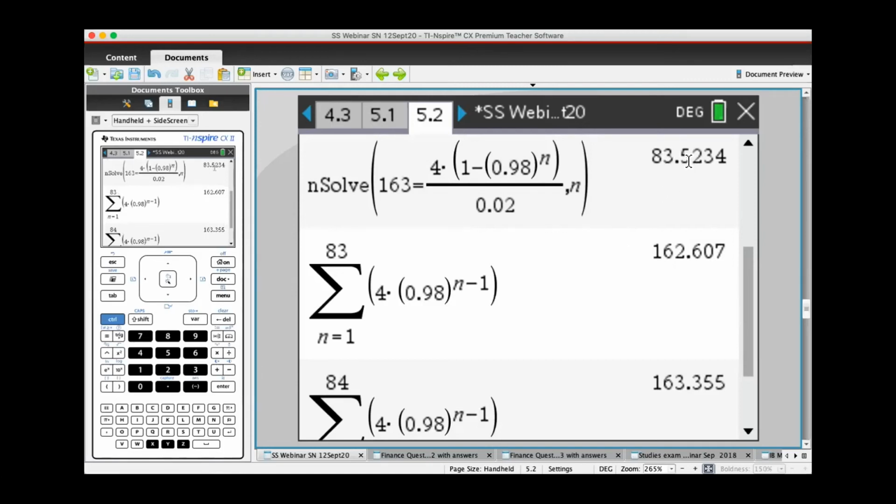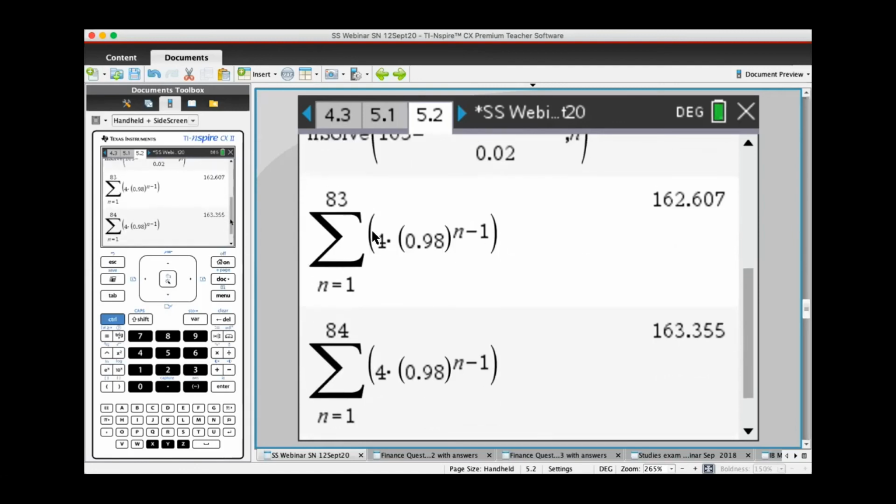Because 83.5 cannot be the value of n, since n is an integer, and you might get confused whether it is 83 or 84. So I use the summation to check the answer. When n is from 1 to 83, the sum equals 162. But when you have the sum of the first 84 terms, the sum equals 163. So the answer is 84.